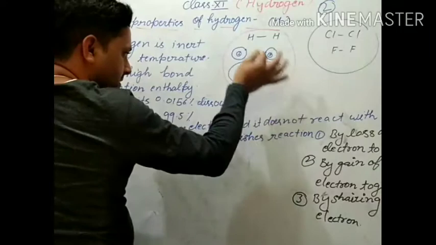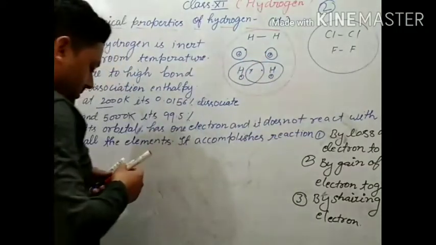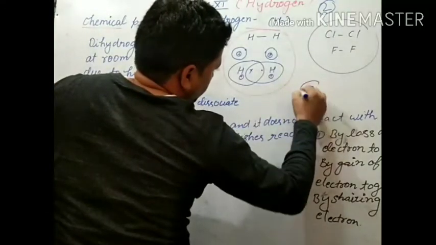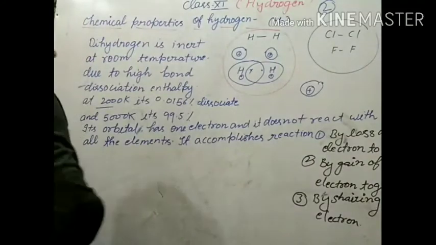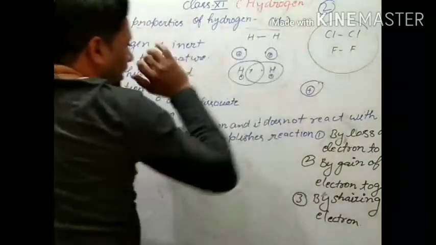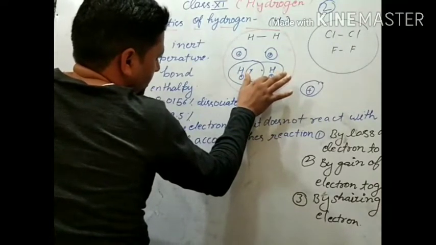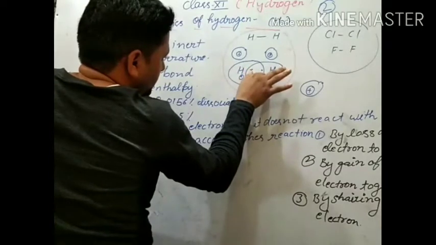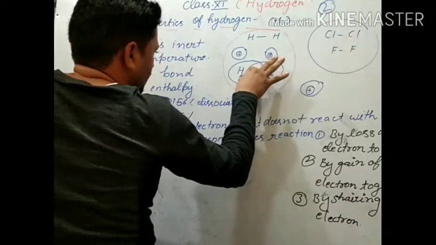The electron is in the first shell, so this nucleus is closer to its electron, and that nucleus is closer to its electron.